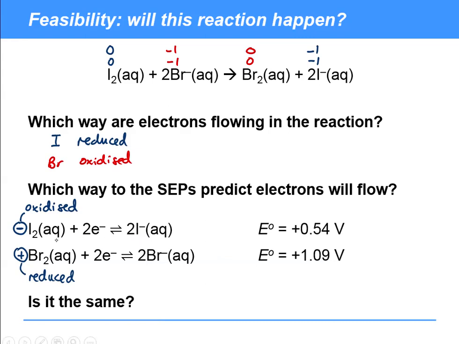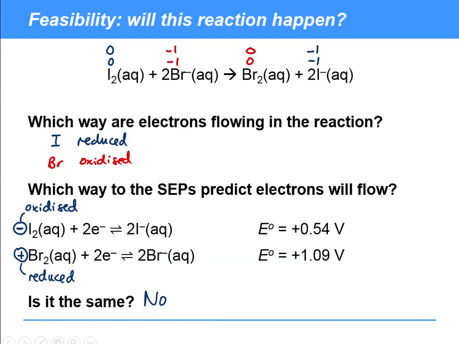So, is that the same as what we are expecting according to this equation? Well, no. If this reaction is going to happen, iodine has to be reduced. But we've found from the standard electrode potentials that you're more likely for iodide to become oxidized to form more iodine than for iodine to react to form iodide.